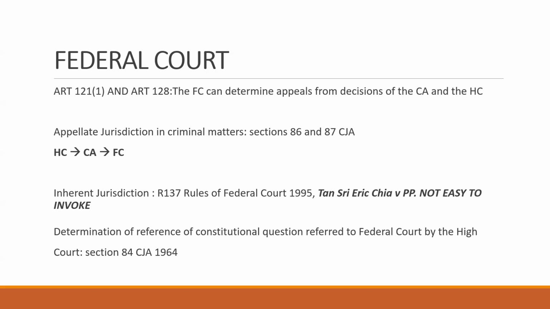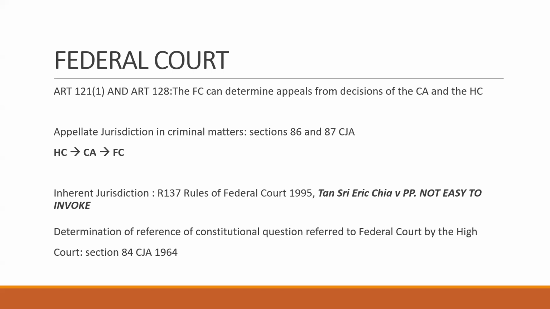But bear in mind, this Rule 137, I think was only invoked in Tan Sri Eric Chia case, the Perwaja Steel case. Okay, other than that, the court in the rarest circumstance will invoke this.